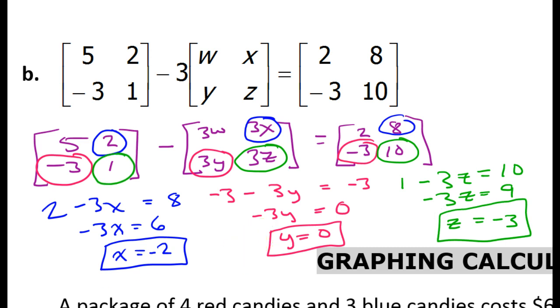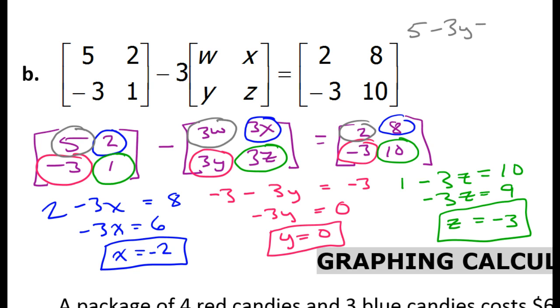Ha, that is not it because I forgot about w. How could I forget about you, w? These are the corresponding entries, and if I put them together, that is 5 minus 3w, and then I wrote a y.